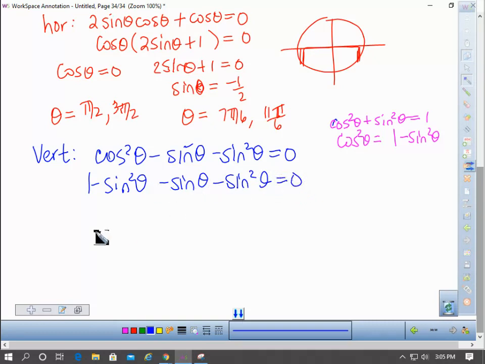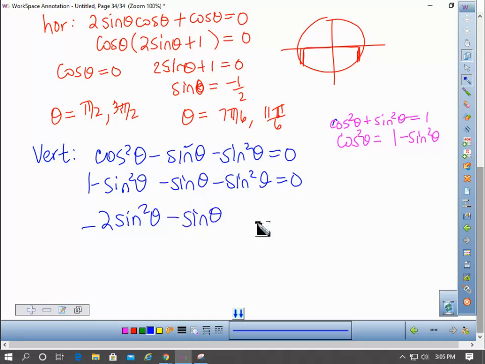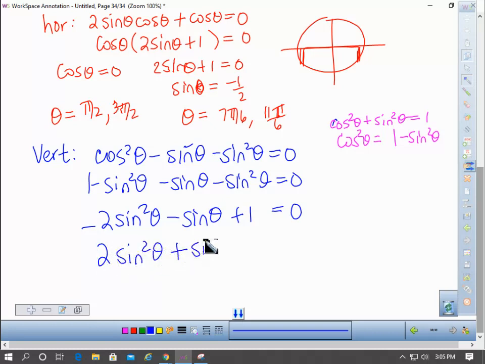That's going to give me negative 2 sine squared, because I'll put my higher power first, minus a sine, and then plus 1. Because my higher power is negative, I'm going to multiply through by negative 1. So that'll give me 2 sine squared plus sine minus 1 equals 0.